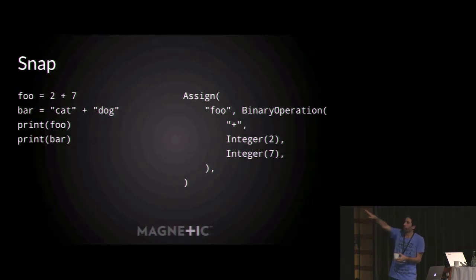And so that top line over there, which is trying to assign the output of 2 and 7 to some variable, we'll represent using this AST on the right. So it's fairly self-explanatory, I hope, how the right comes from the left. We have an assignment statement. We're going to have this object called assign, which we will write.